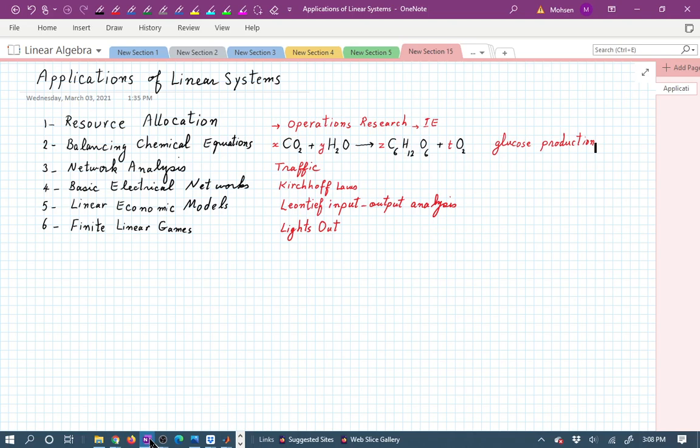So resource allocation, what does that mean? Well, we are living in a world where resources are limited, and we have a variety of needs. So we try to do the best we can with the limitations that we have and the constraints that operate on us.